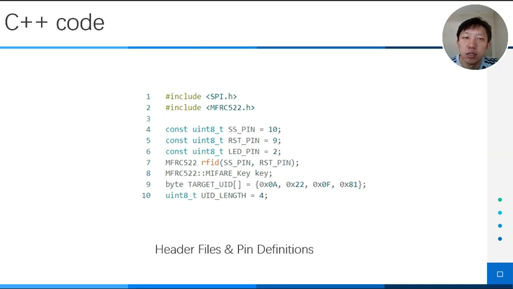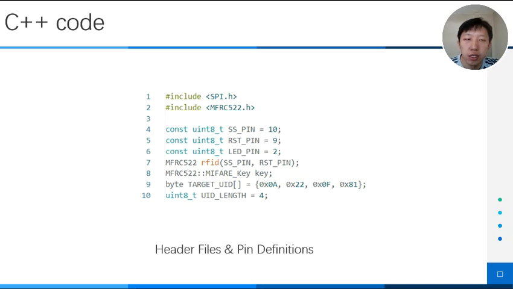This is the basic configuration of the C++ code with two core libraries and key objects. #include SPI.h and #include MFRC522.h.